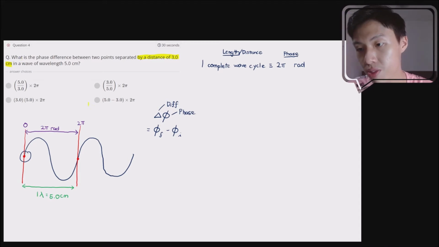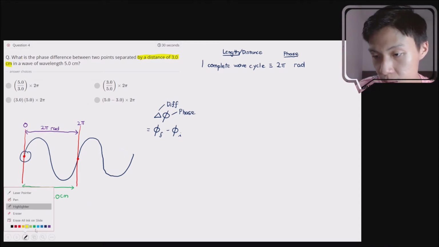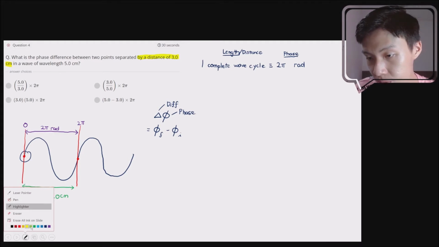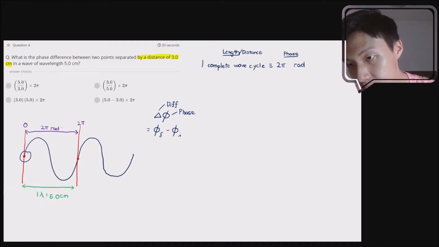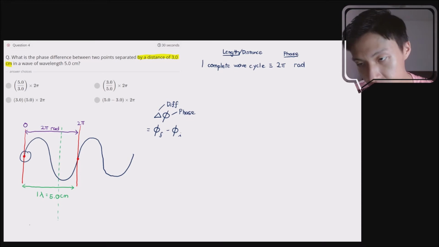So if they're interested in this, then we have to find where 3 cm is. I believe 3 cm is around here, maybe somewhere around here. Okay, so they are interested in this point over here.